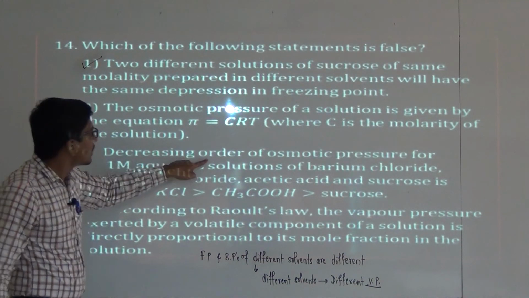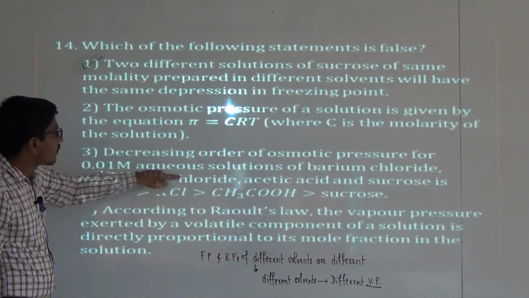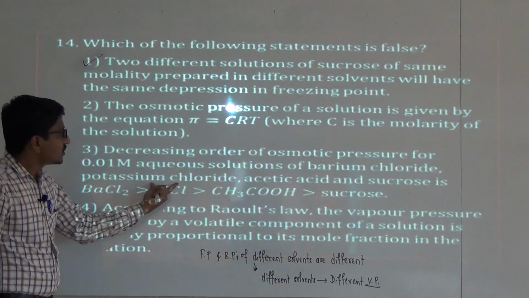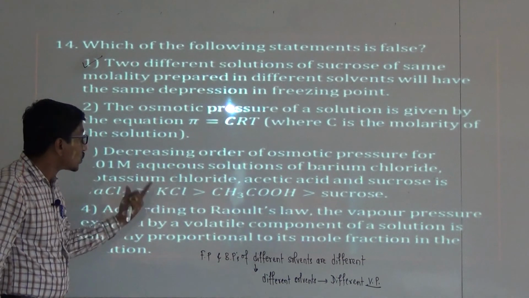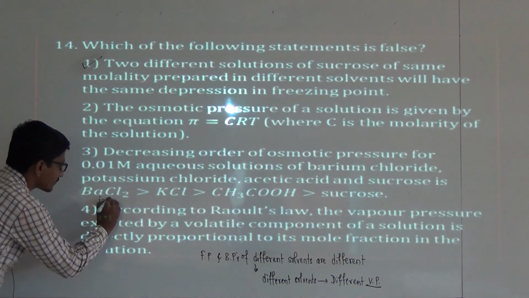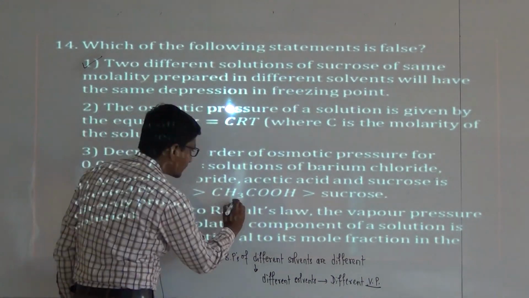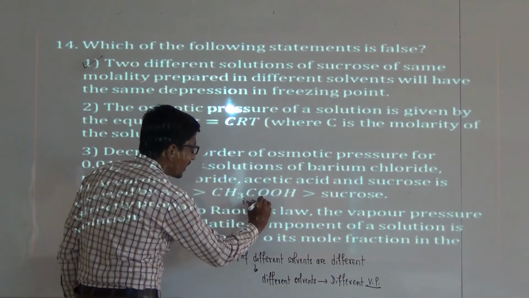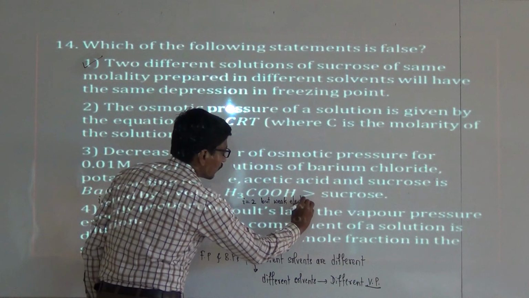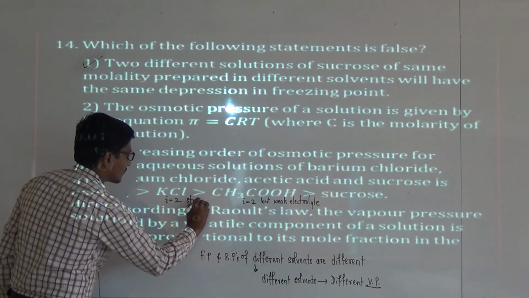And the decreasing order of the osmotic pressure for 0.01 m aqueous solutions of barium chloride, potassium chloride, acetic acid and sucrose: barium chloride i value is 3, KCl i is equal to 2, acetic acid i is equal to 2, but this is a weak electrolyte. KCl is a strong electrolyte.